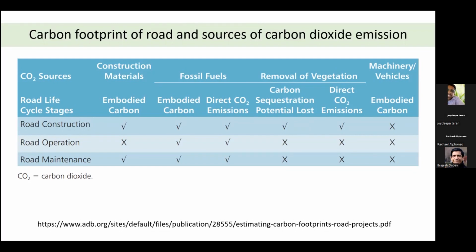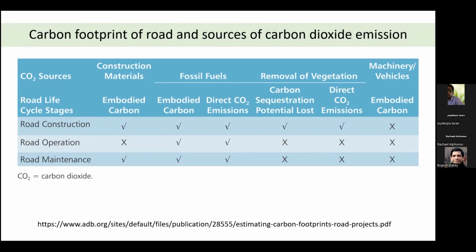In the construction phase, there is the embodied carbon associated with the construction materials, whether you are considering it or not. If not, just explain that you are not considering it. Then we use fossil fuels, with embodied carbon associated with them, which will come into scope 2 and 3, whereas the direct CO2 emissions from the vehicles and direct activities can also be calculated, whether you are considering them or not.